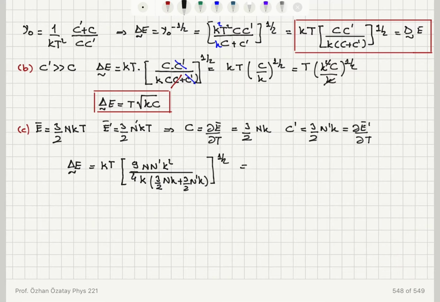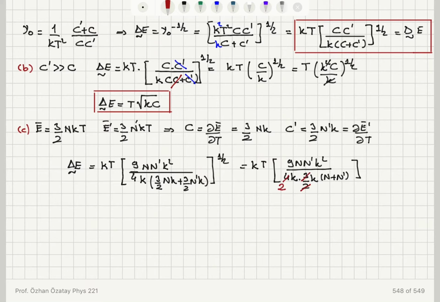So this will be kT. Now I have here 9 capital N prime k squared divided by 4k, and then in 3 over 2 k parentheses I have N plus N prime. This is going to get rid of this 4, it will make it 2.